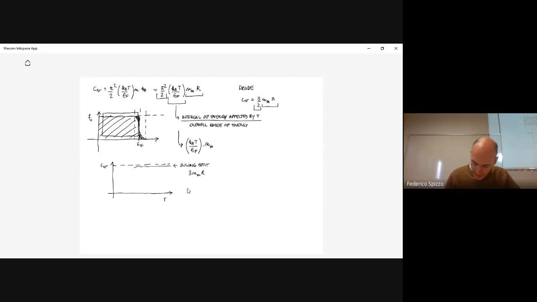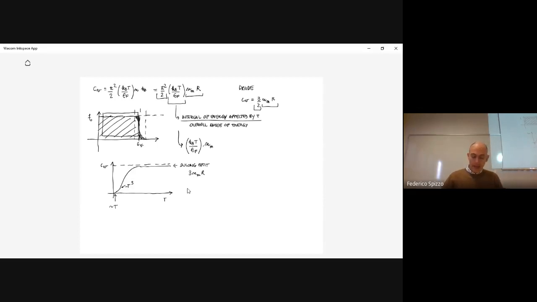Then you have a decrease. You have a range of temperatures where the dependence is proportional to T to the power of 3, but we also have a range of temperatures where the dependence is actually proportional to T.